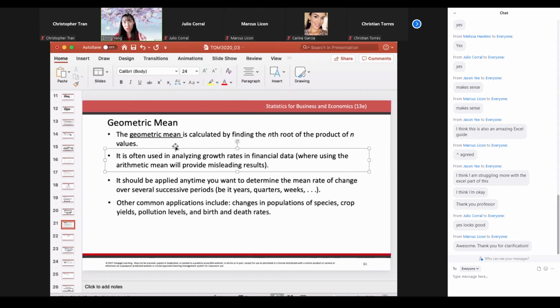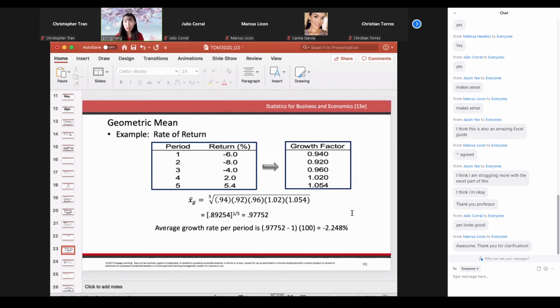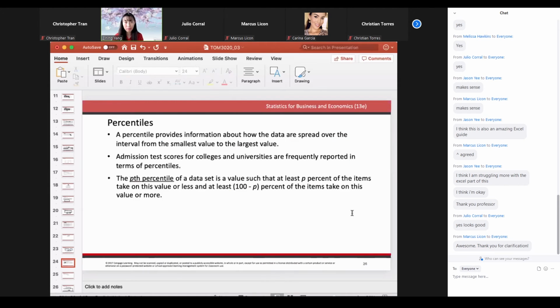We mostly use geometric mean for growth rates in financial data, population growth in demographic data, or economic growth. If you are in those areas, you will see numerous examples there. But if that's not your area of expertise, then do not worry about this. Again, the example formula is here, but it is not an exercise for this class.